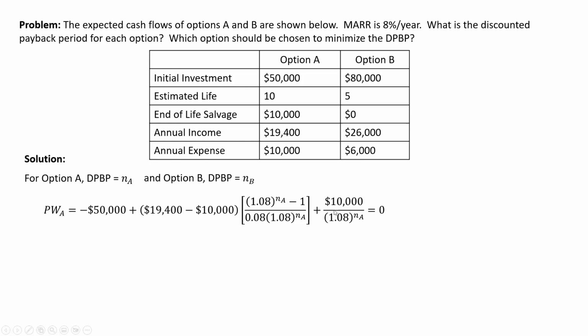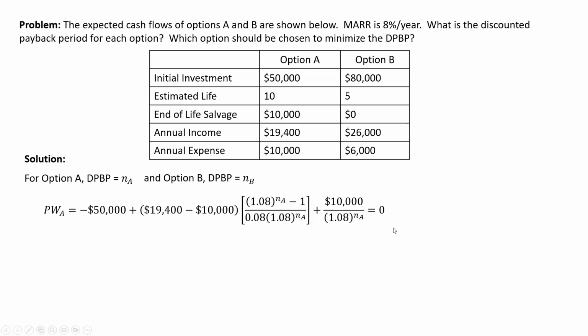And then finally, the salvage value is a final thing at N sub A. So we push that back to t equals 0 by dividing by 1.08 raised to N sub A, or multiplying by 1.08 to the negative N sub A, right? And all of this we are setting equal to 0.